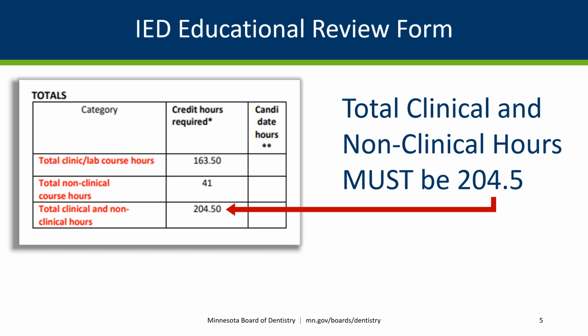The most important thing to note is that there is a total of credit hours required that must equal 204.5. If the candidate does not meet the total in clinical hours of 163.5 and non-clinical hours of 41 for a total of 204.5 hours, the board cannot proceed with a review.